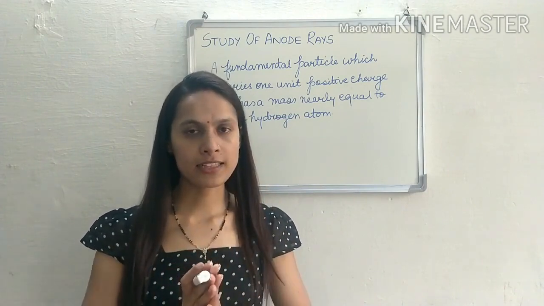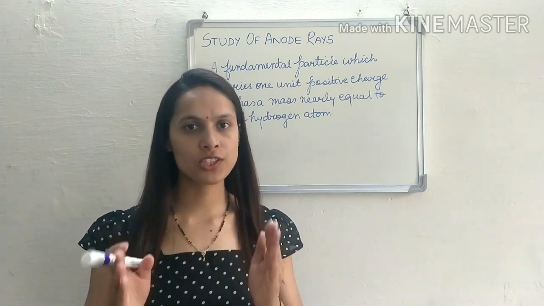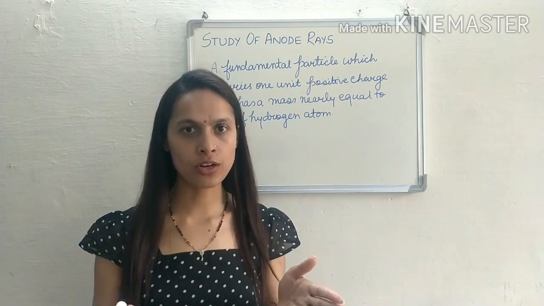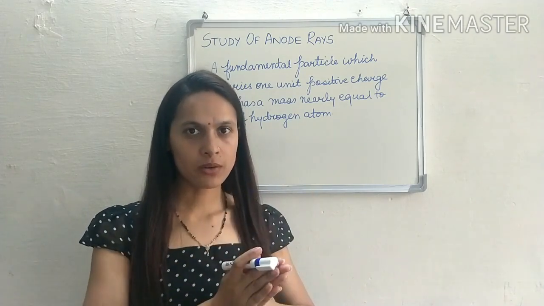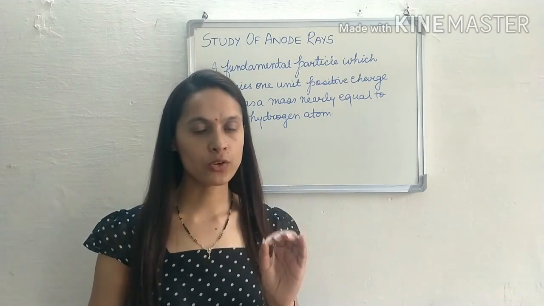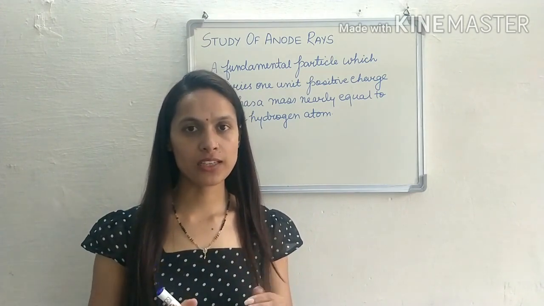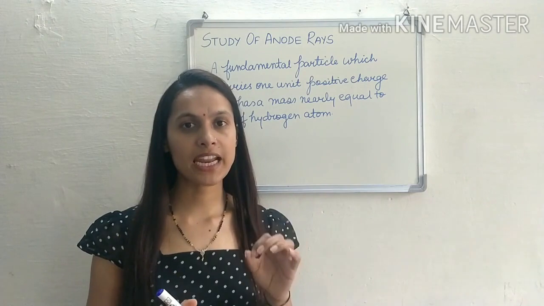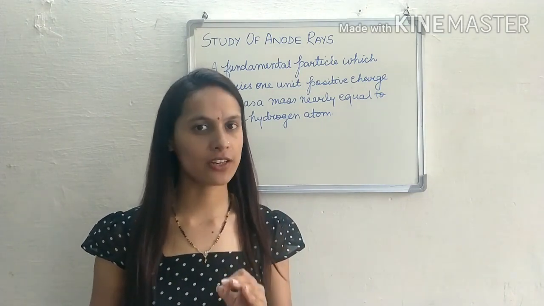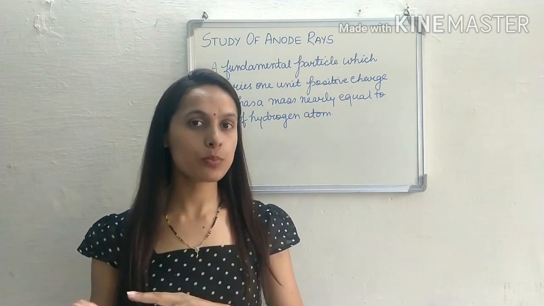So I think you are both capable of differentiating between the proton and the electron. Electron is that fundamental particle which carries 1 unit negative charge, and the mass of the electron is 1/1837 of that of the hydrogen atom. But what is proton?